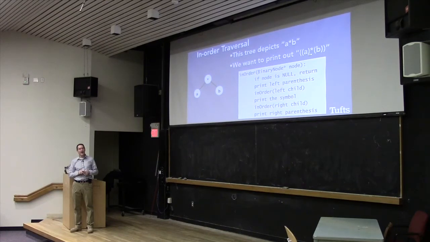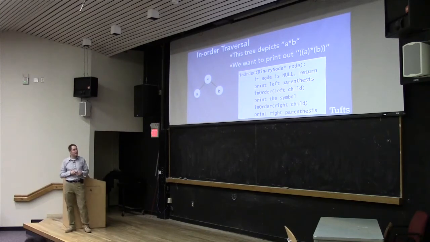We call this an in-order traversal, which I'll show you what that means in a couple minutes. In fact, I've got a link for an animation of this that I'll show you as well. In order does the following. It takes a node; in this case, we'll pass it the root. And if the node is null, return.